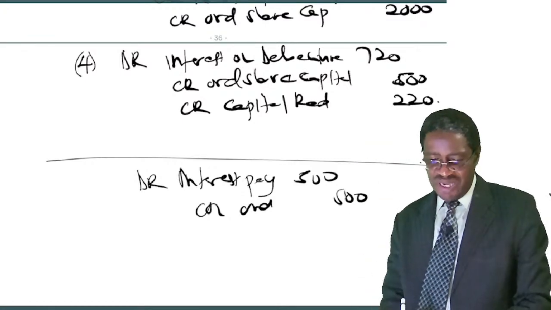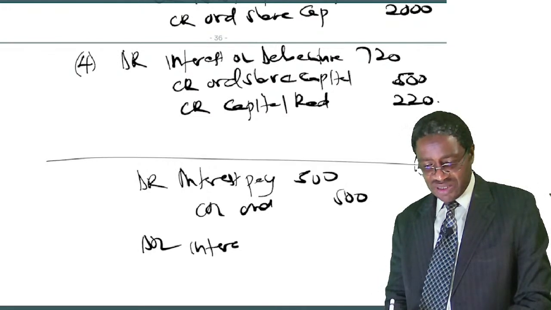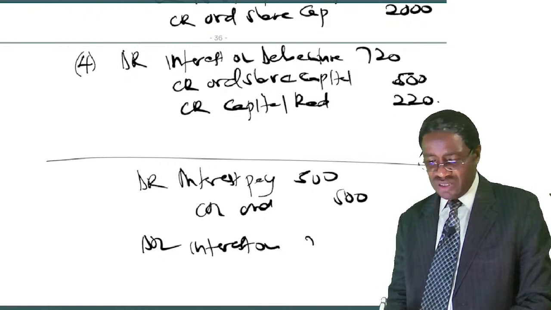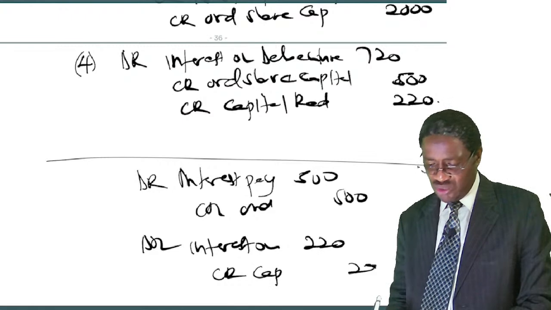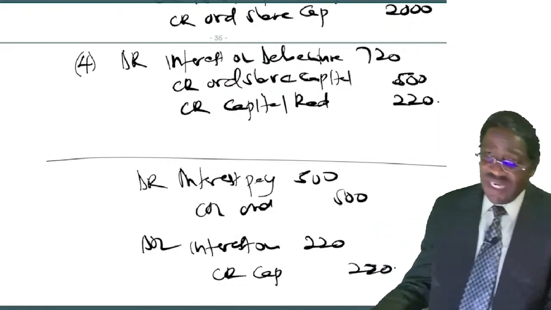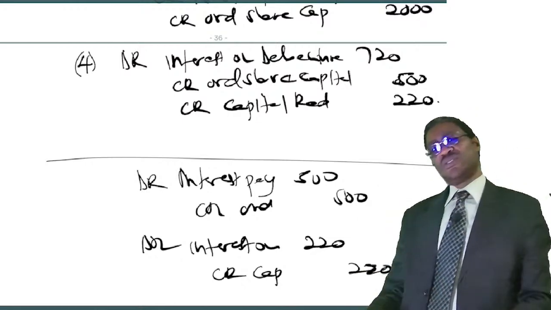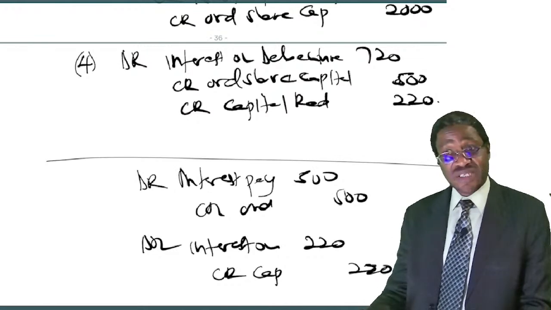Then debit interest on debentures 220, credit capital reduction 220, being the gain on payment of debenture interest.